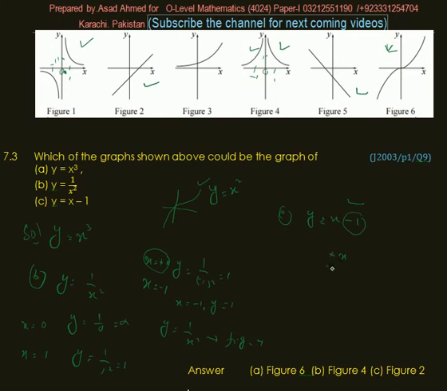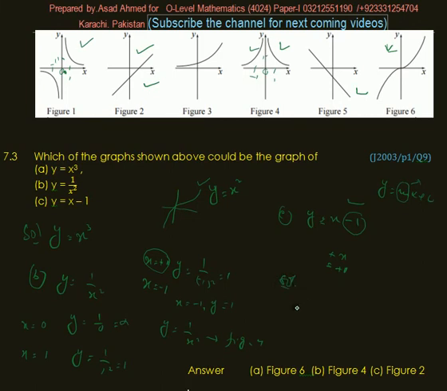It means the slope is plus 1 here, because the equation is y is equal to mx plus c. So the slope attached to the variable x is positive. That is why we see the equation y is equal to x minus 1 represents the graph of figure 2.